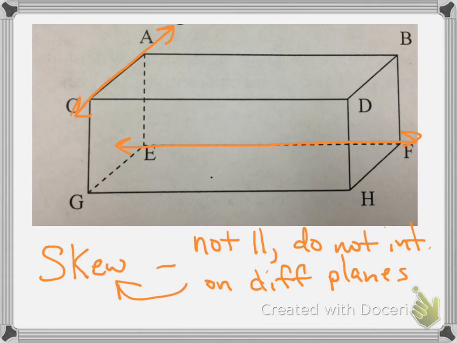Okay, so let's just review. All right, so we have number 17. A plane is determined by two intersecting lines. That is true.